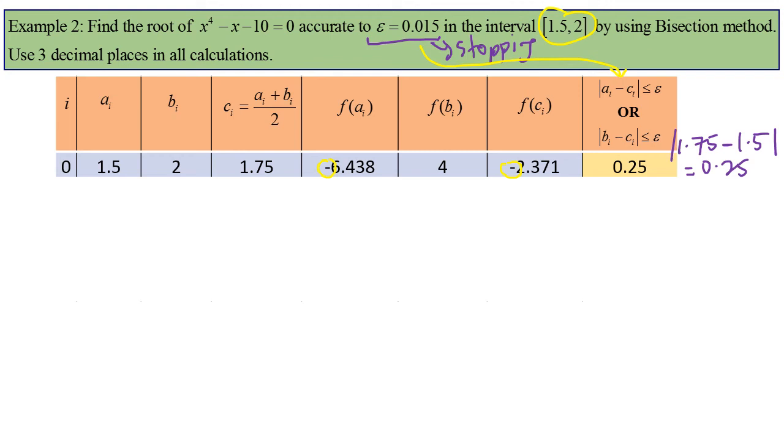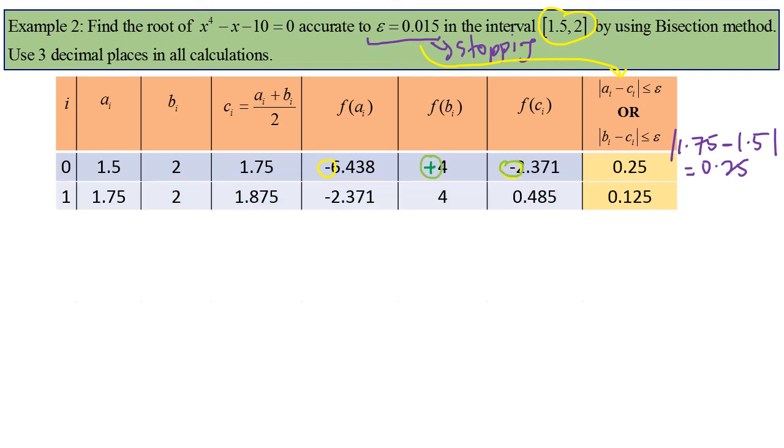So now you have to check FB and FC. FB is positive, FC is negative. So yes, in iteration 1, A will take the value of the previous C, and B remains the same, because when we compare FB and FC, it satisfies the intermediate value theorem.